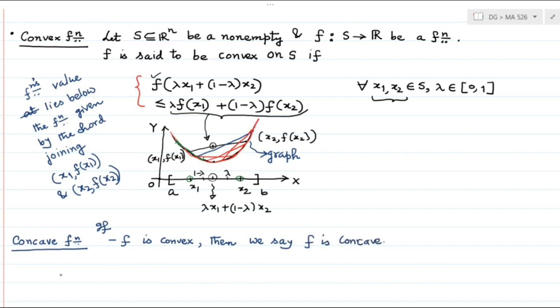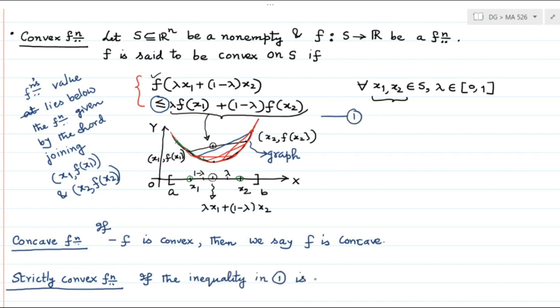Now, if the less than or equal to sign in the inequality goes with strict inequality, then we say the convex function is a strictly convex function. By strictly convex function, we mean a function for which the inequality, let me name it 1, is strict on the convex set S.